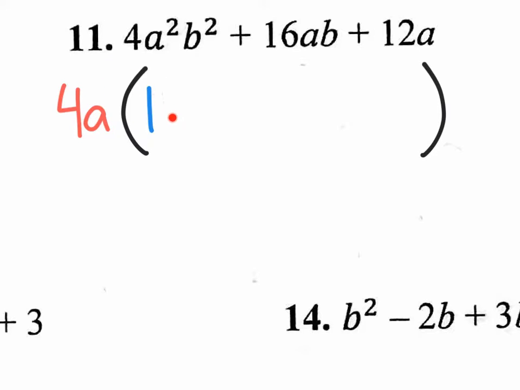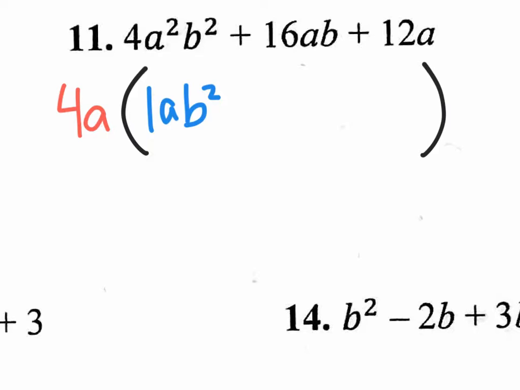A times what will give me an a squared? A, right? So a times a gives me an a squared. So far I have 1a. And also, I need a b squared right there. So what am I going to put right here? B squared, right? The only way to end up with the b squared up here is if I multiply 4a times 1a with the b squared right there. So that's my first term.